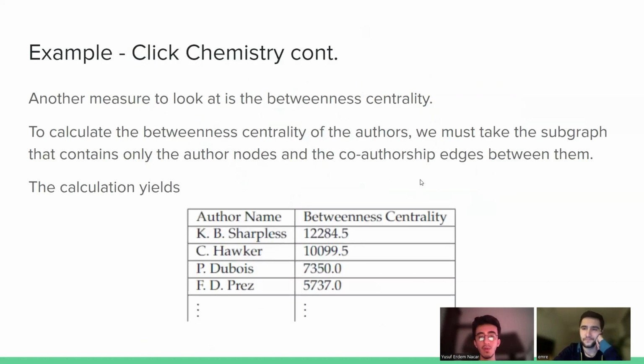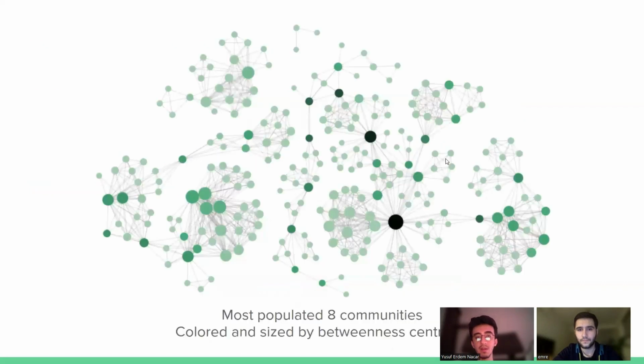What we can also do is we can calculate the betweenness centrality of each node using the whole graph. And we can see that Barry Sharpless has the highest betweenness centrality score. And we can also visualize this by using the 8 most populated community subgraph, where the nodes are sized and colored by their betweenness centrality score.